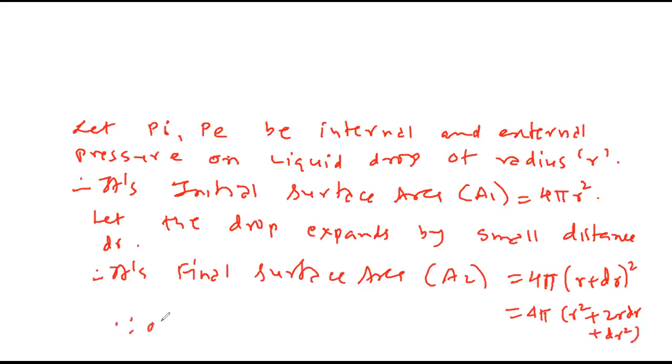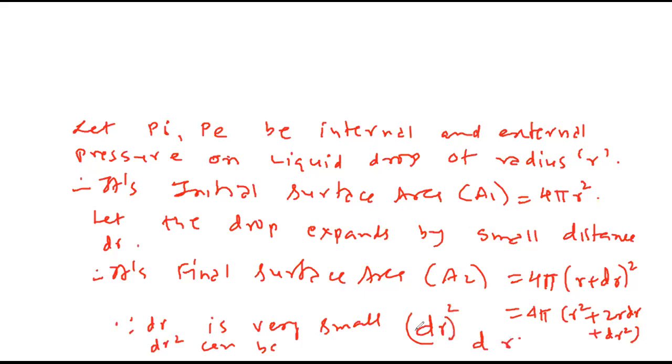Since dr is very small, dr square can be neglected. dr square means the whole thing squared, it is one single term, not d separate and r square separate. Therefore, dr square can be neglected. Just copy it.